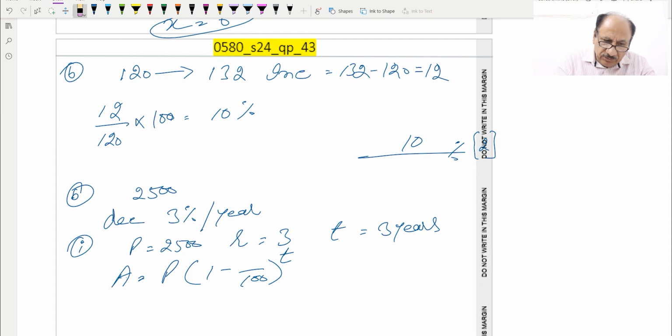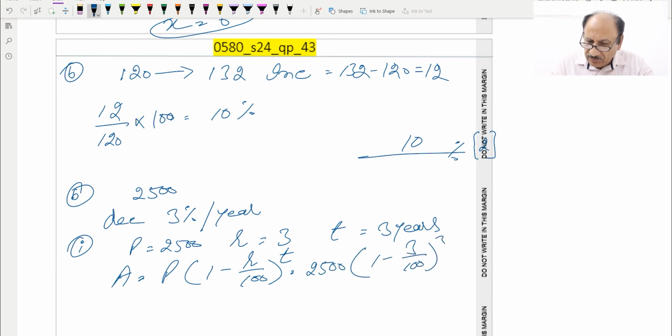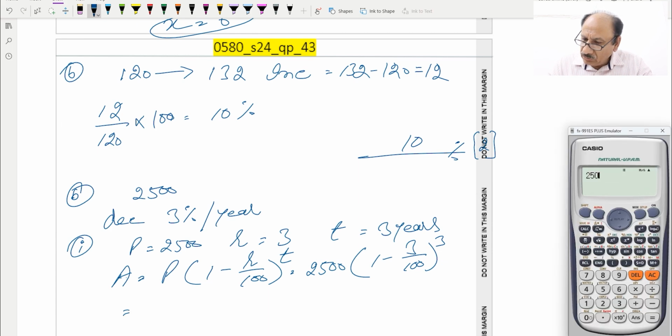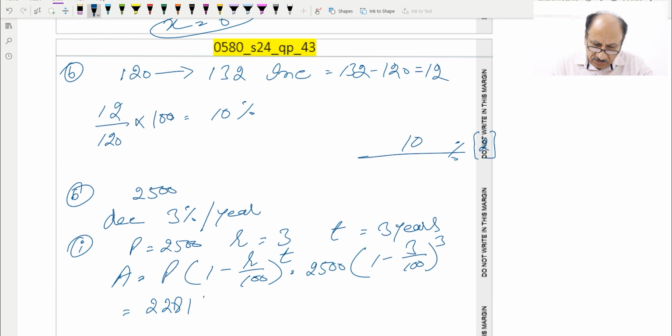So after replacing values we will get 2,500 into 1 minus rate, which is R over 100, and this raised to the power 3, and this will be resulting to 2,500 times 1 minus 3 over 100, raised to the power 3. So this is resulting to 2,281.68.